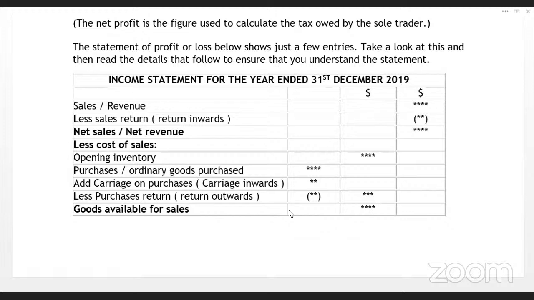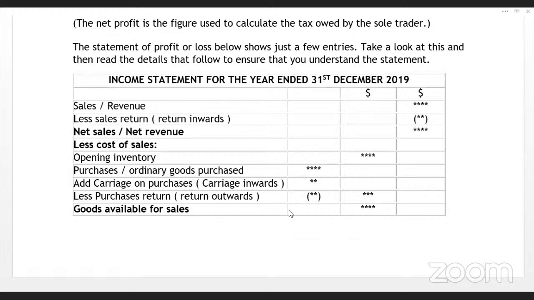Those with questions, please. Is the income statement the same as the financial statements? Sanyu and the rest, the income statement is one of the financial statements.